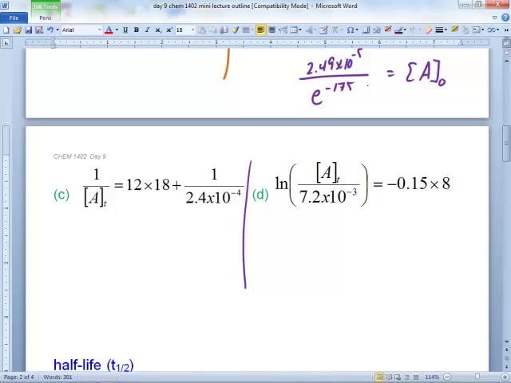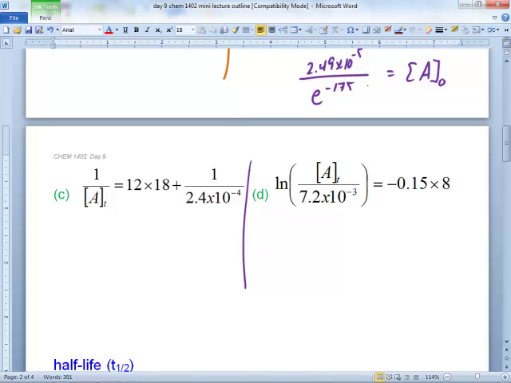Then hit equals, so you'll have a number on this side. And then you pretty much just have to flip both sides of the equation. You flip this side and you flip this side. Or you can do the diagonal thing that Eric was talking about. Same thing. You're going to have to take 1 divided by that number to get the concentration of A at time t.